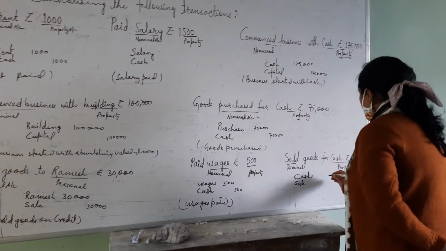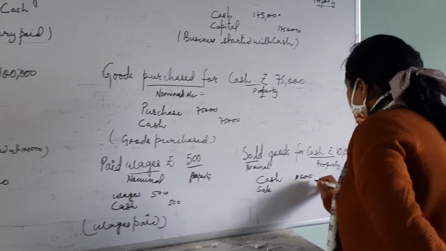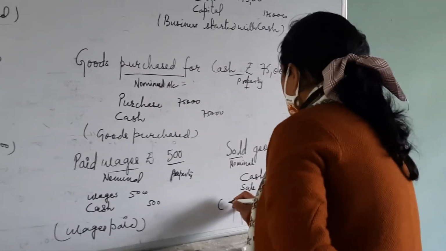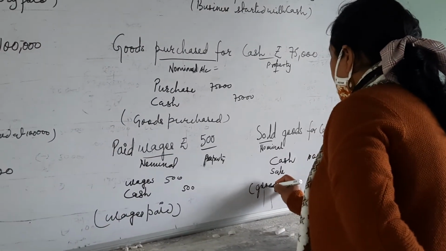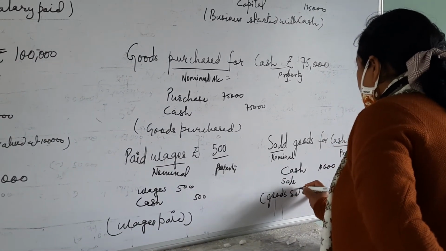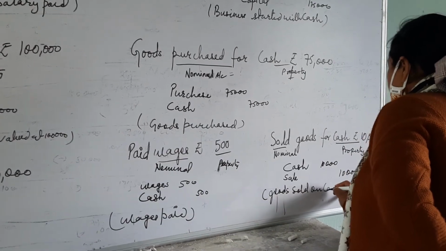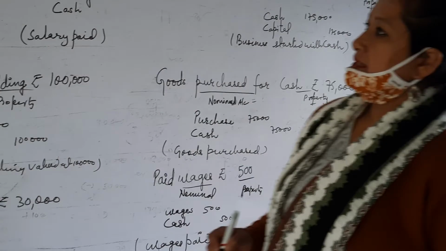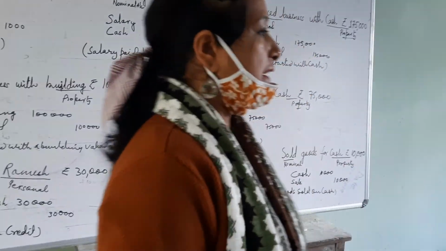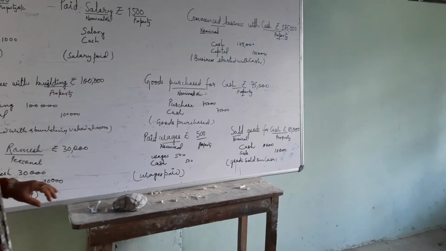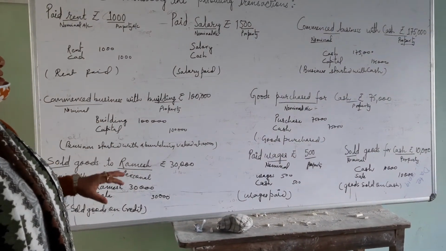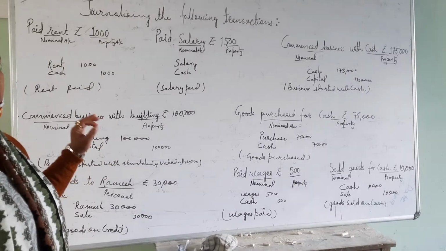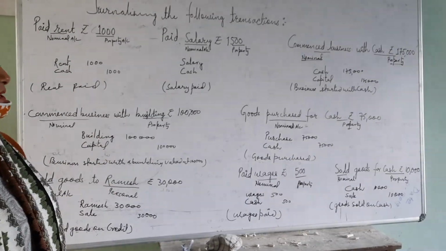The amount is 10,000. And your narration will be goods sold on cash. So in this way you can split the sentences. At least you identify two words from each transaction and relate those words to the rules of account, either personal or property or nominal.